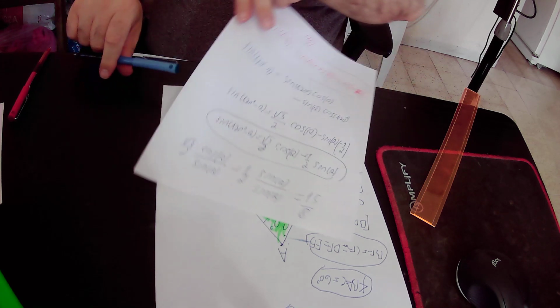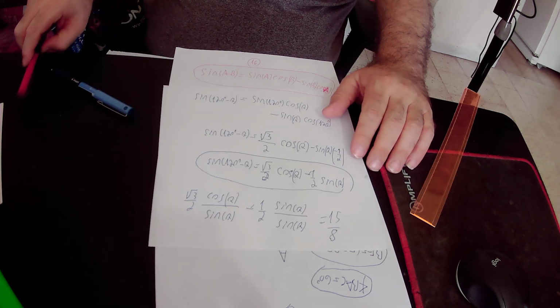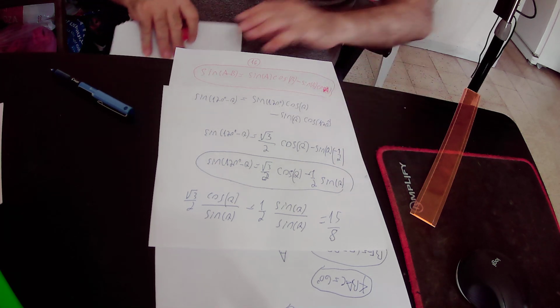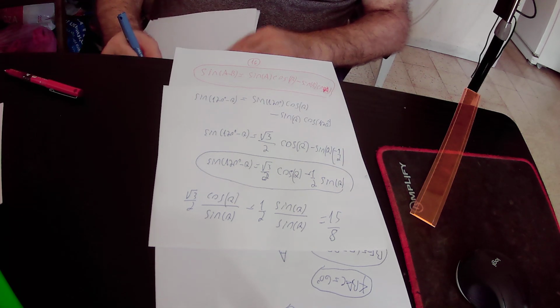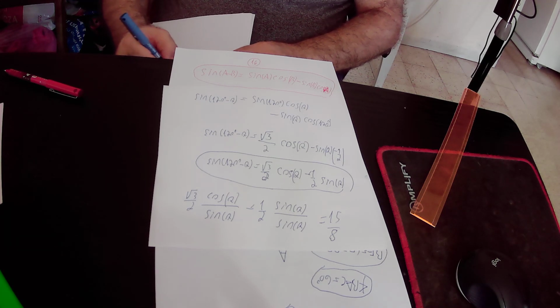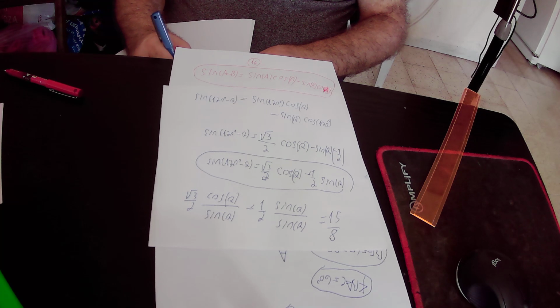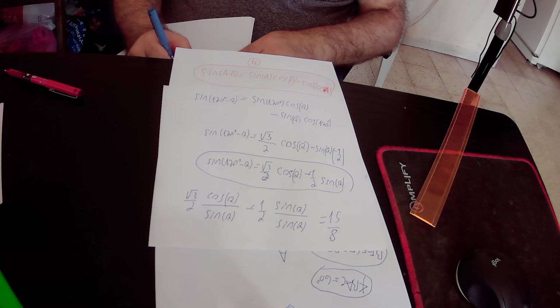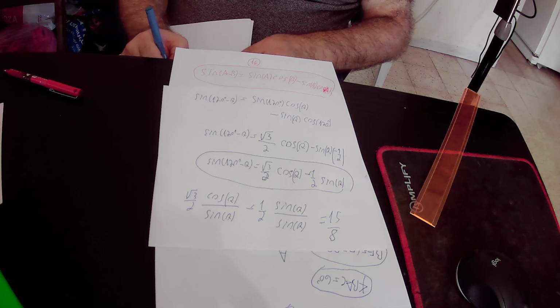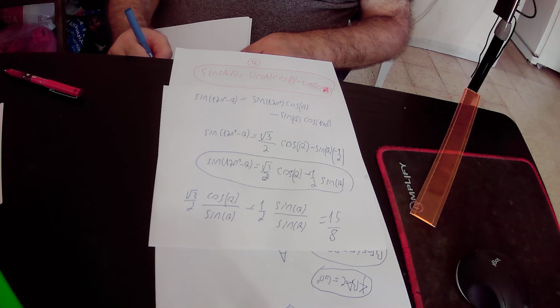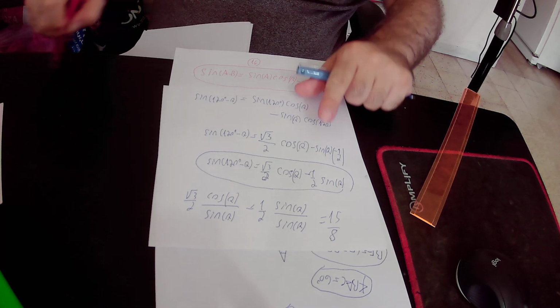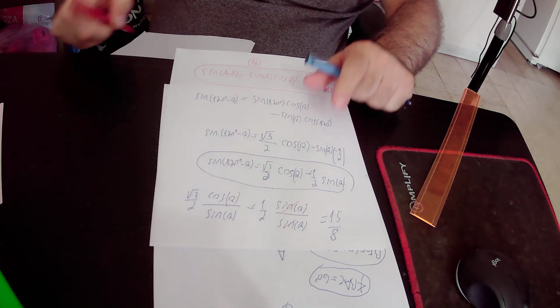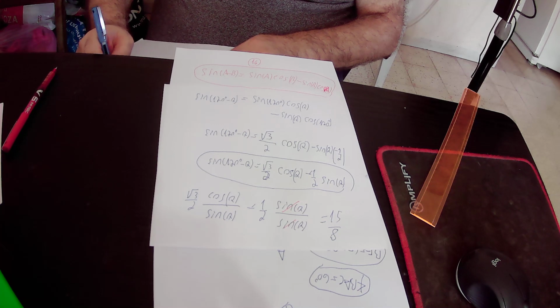Okay, so here we have root 3 over 2, cosine Q over sine Q is cotangent Q, plus 1 over 2, and sine Q over sine Q is 1, so sine Q is cancelled, all equals 15 over 8.